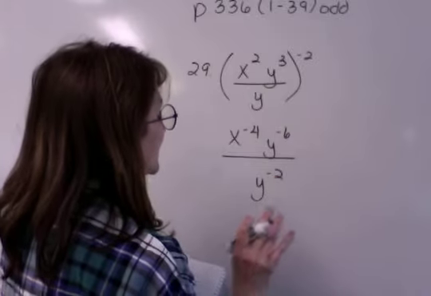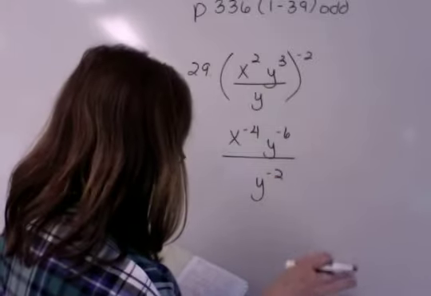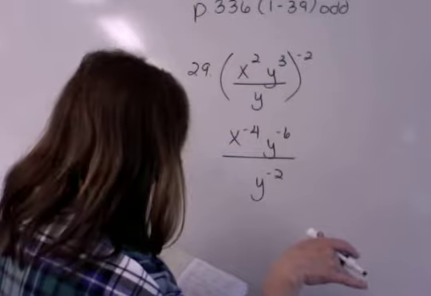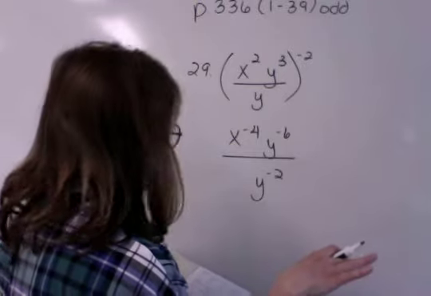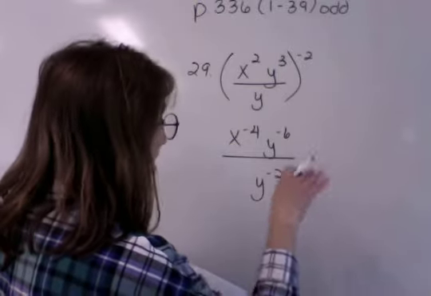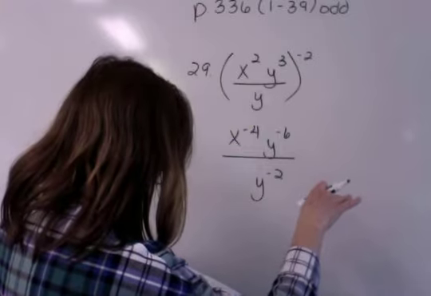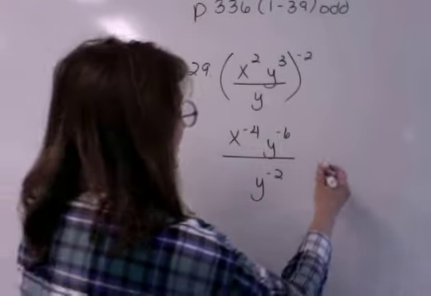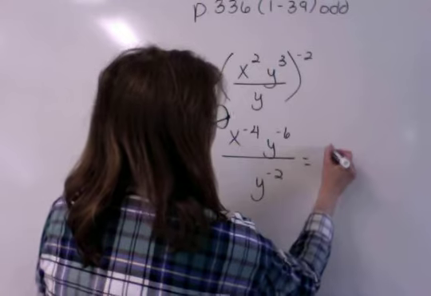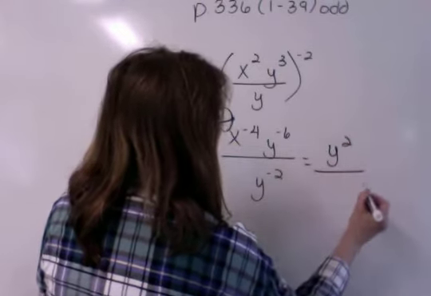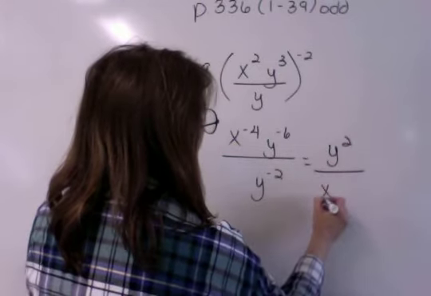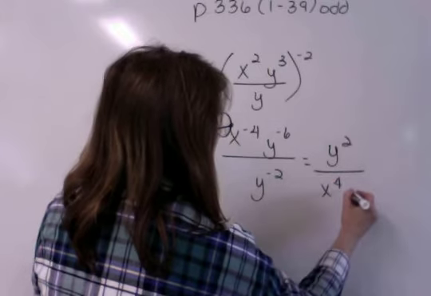And then let's think about what's going to end up happening. So if we flip this guy to make everybody positive and everybody really happy, then we would flip the y up here. He's going to be y squared, no longer negative. Down here we're going to have x to the 4, and he's happy because he's not negative.